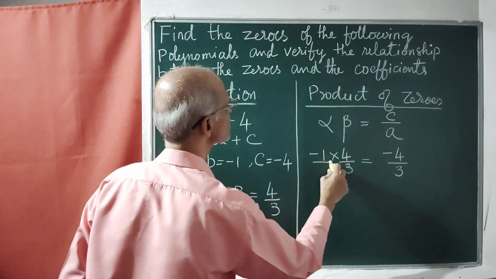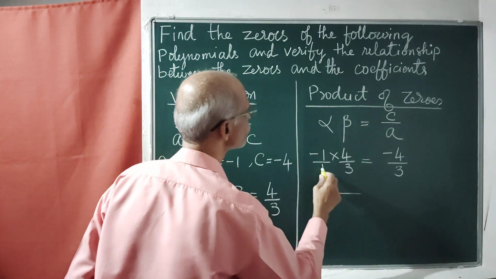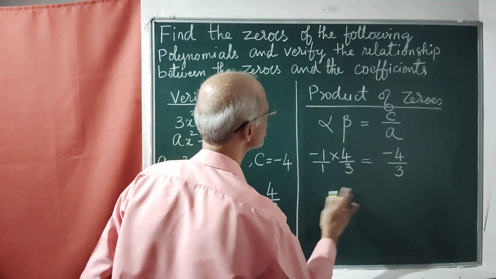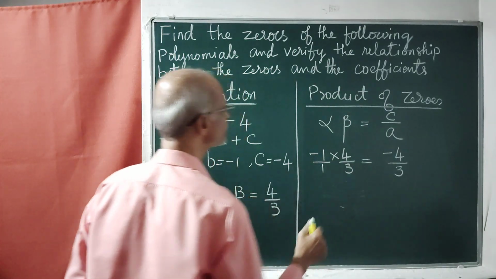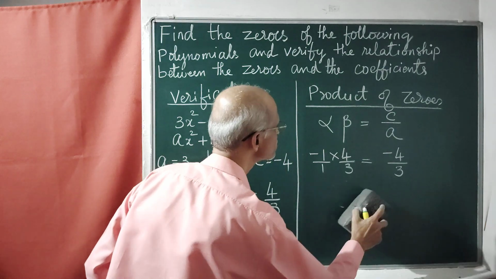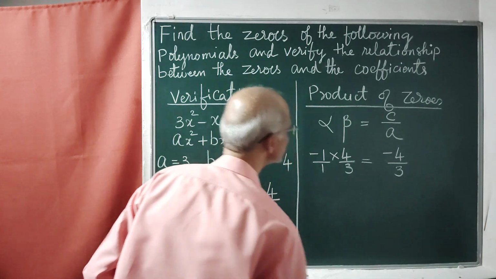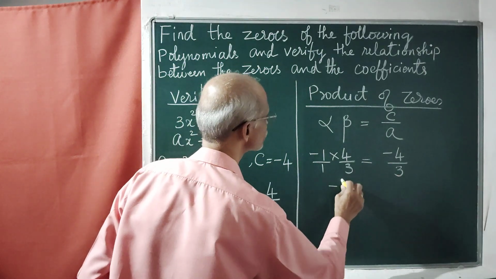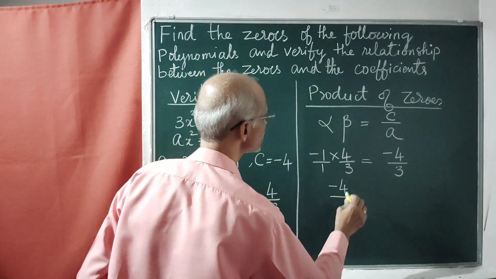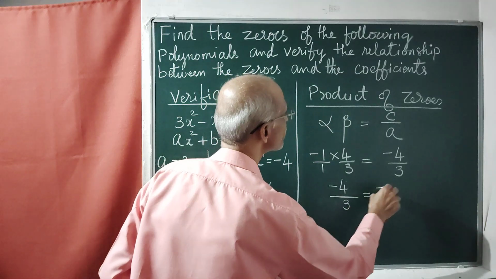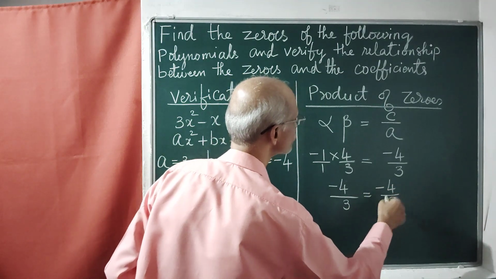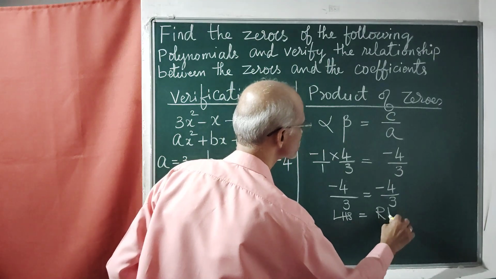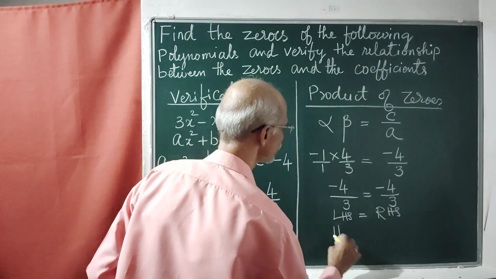So if I solve this fraction, sorry, this is not addition, it's multiplication. So minus 1 into 4 is minus 4. 1 3s are 3. Minus 4 by 3. So LHS is equal to RHS. Hence verified.